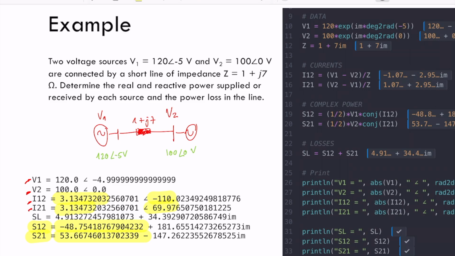It means it's receiving power, and S21 is positive, so it means power goes from 2 to 1. And this is very strange, right? If you think about why in a system like this, where this voltage here is lower than this other voltage, this source 2 can actually send energy to source number 1.